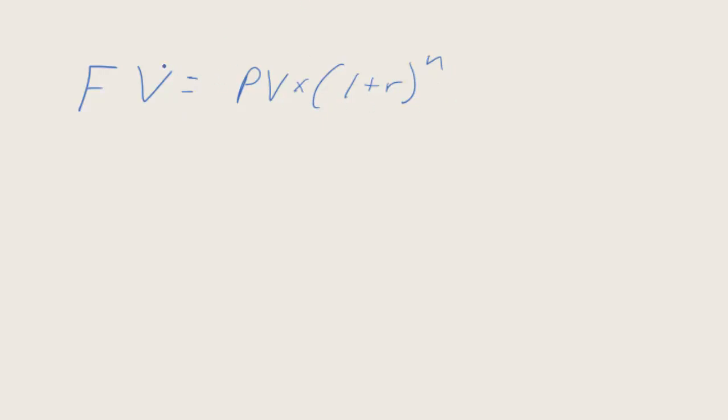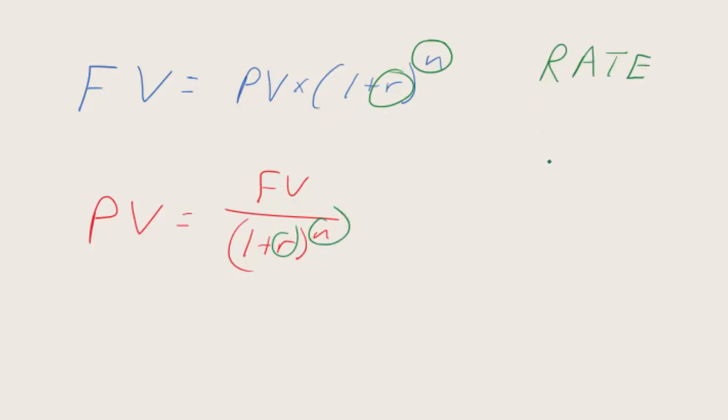Of course, it's a summation if we're talking about annuities or repeated sums. And then present value unwinds that by taking the future value and dividing it by 1 plus R to the n. So in both cases, we have rate, and n for NPER, the number of periods.